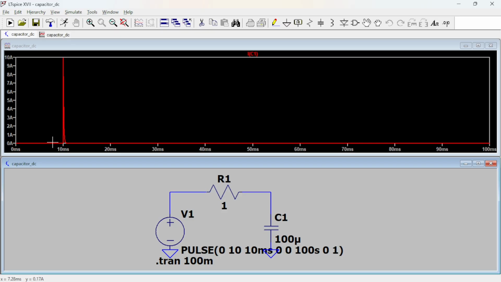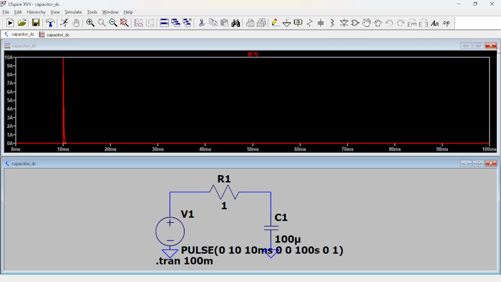So you have the voltage that goes up and the current that goes in the opposite direction. That's in every textbook. So that's good. Now let's see what happens when you go from DC to AC.